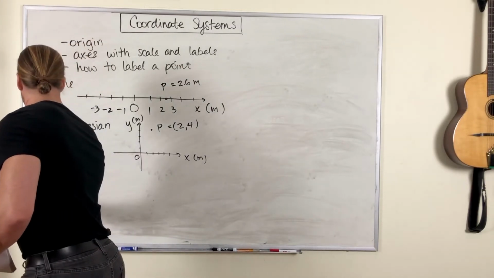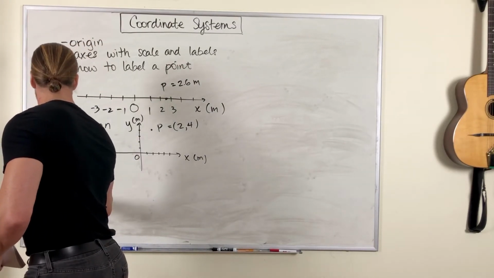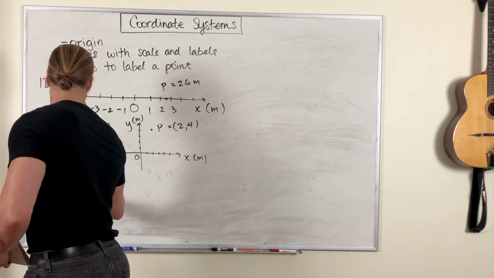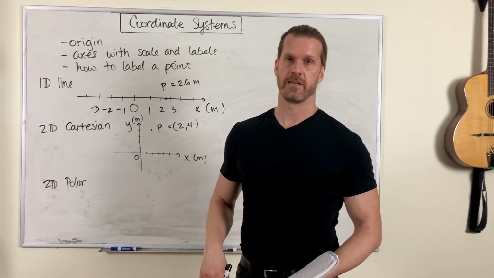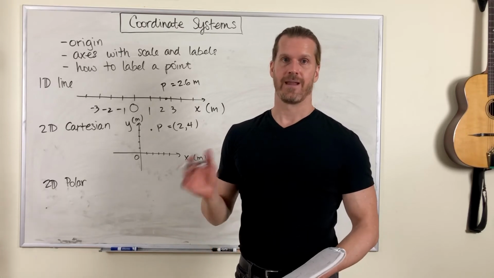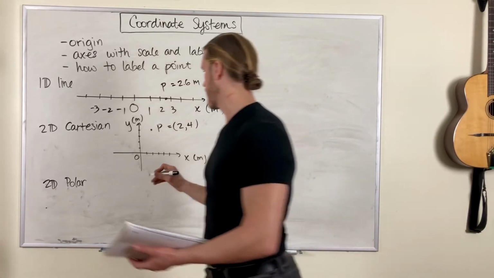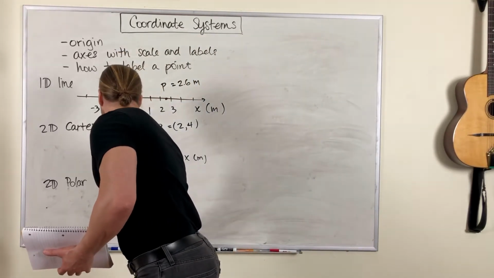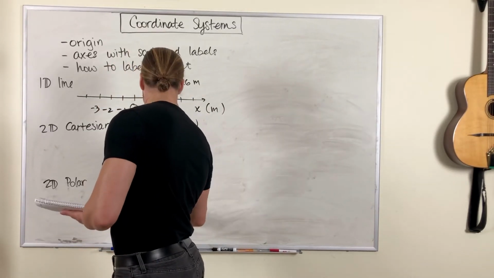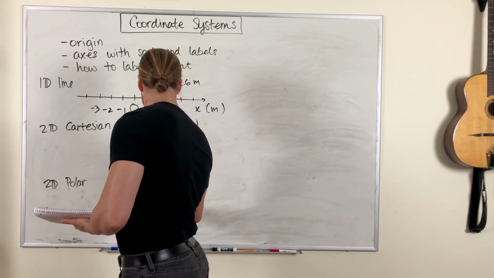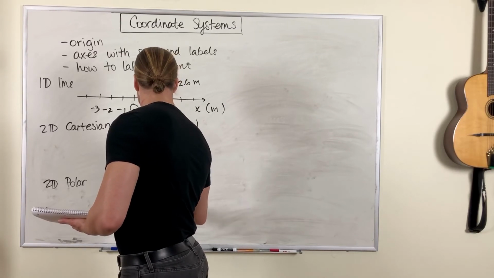But another type of coordinate system that you might use instead is polar. So rather than X and Y coordinates, we indicate a distance from the origin and an angle with respect to a reference line. So a polar coordinate system could look something like this. Here's our point.